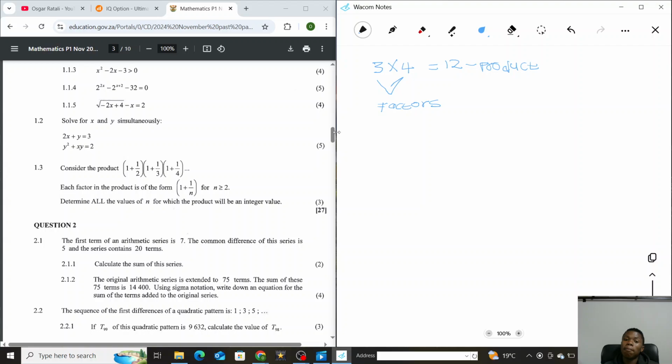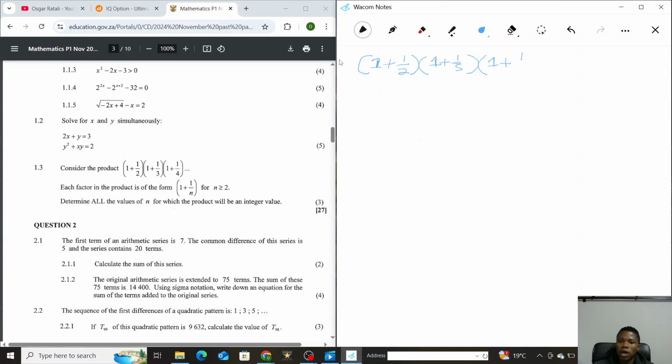Consider the product. Okay, our product is 1 plus 1 all over 2, 1 plus 1 all over 3, 1 plus 1 all over 4. This dot shows that this product continues.